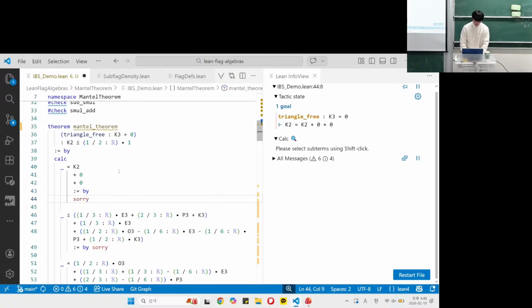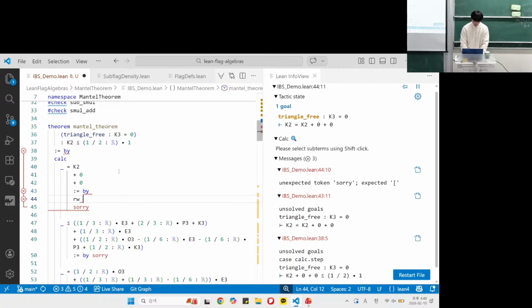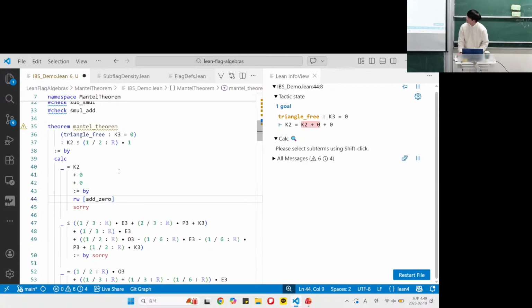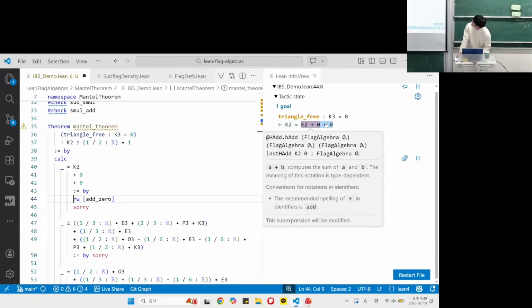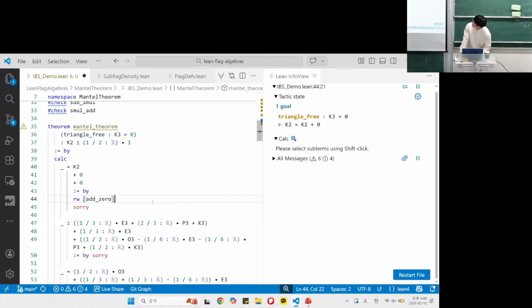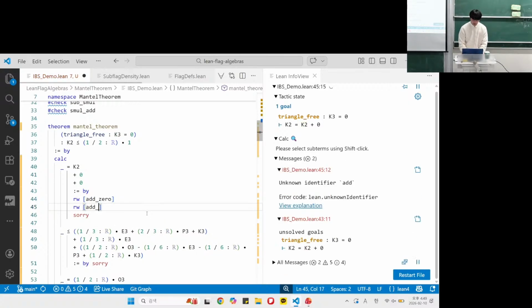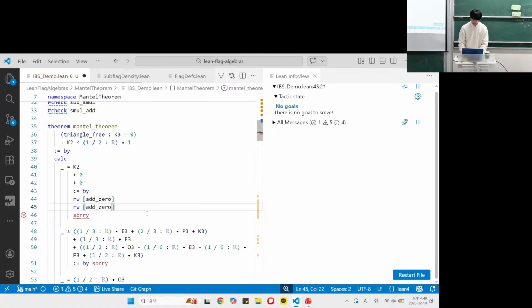So we can write the proof as rw add 0. Before this command, we have to prove K2 equals K2 plus 0 plus 0, and after writing rw add 0, one 0 disappears. And one more, we can write add 0. Then there is no goal to solve, so we can remove this.